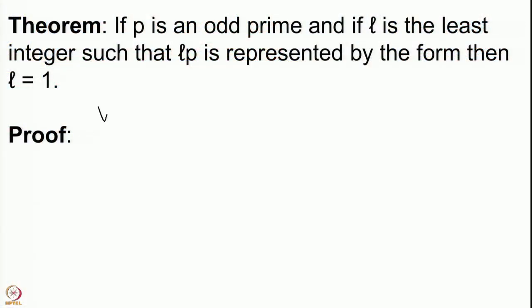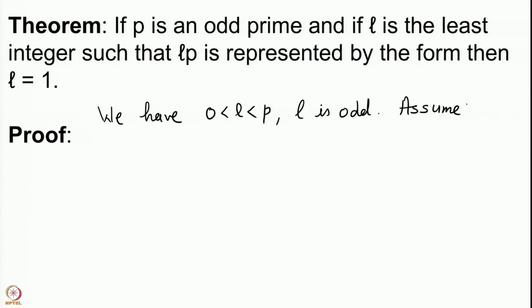We have already noted that L is odd. These are 2 very important results that we have obtained, they are going to be used. Now assume that L is bigger than 1.